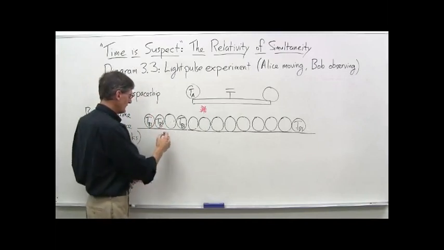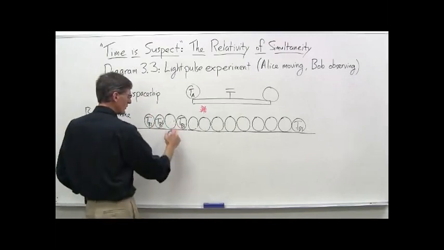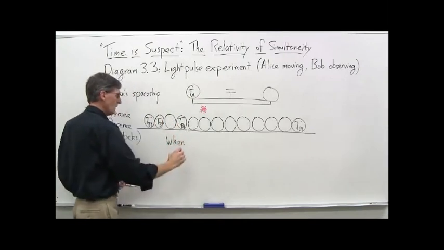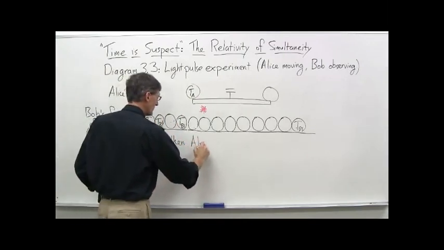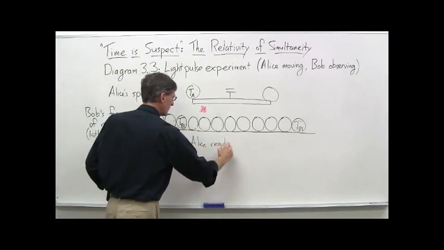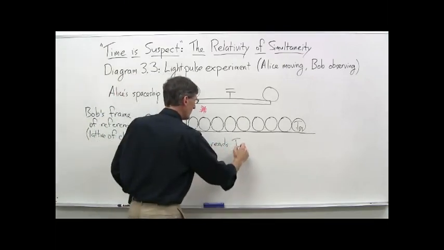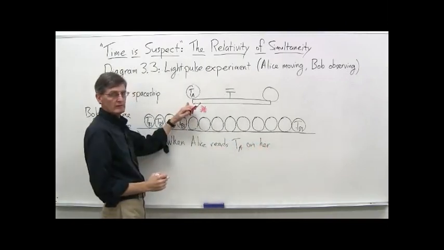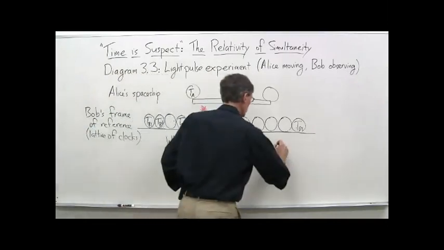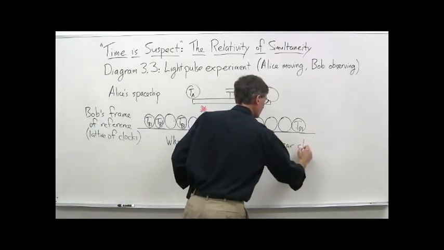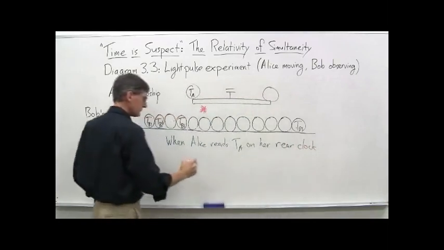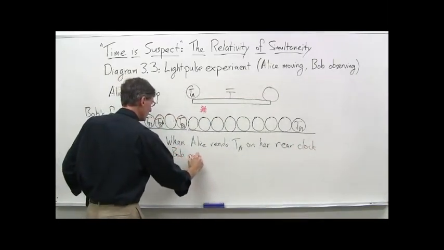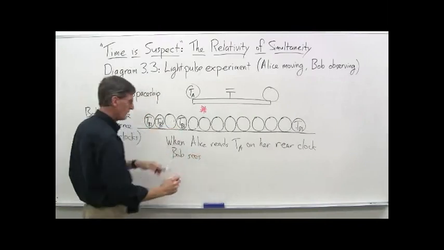So let's just emphasize this point before we finish off 3.3. So when Alice reads or observes T sub A on her, call this the rear clock, on her rear clock of her spaceship, Bob sees TB1 on his clocks.